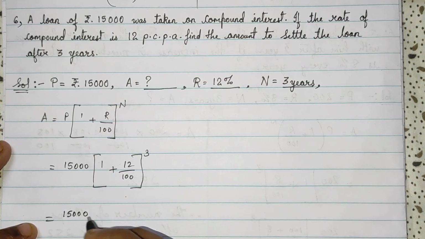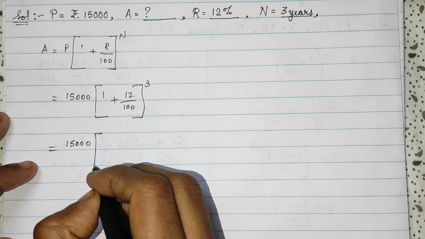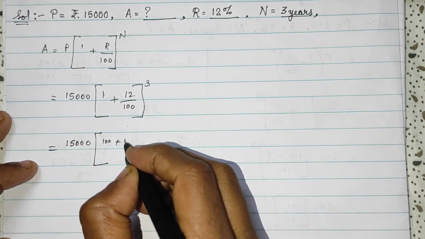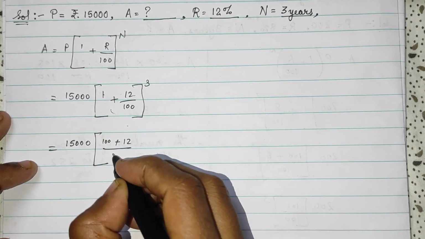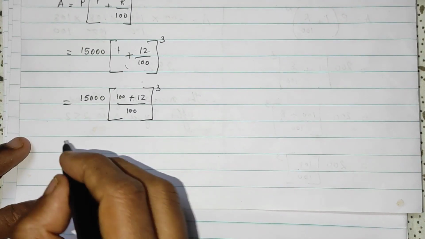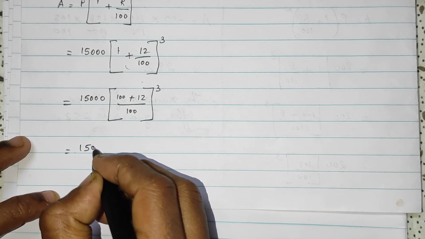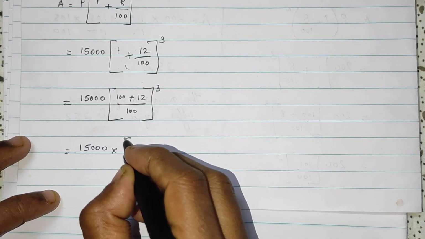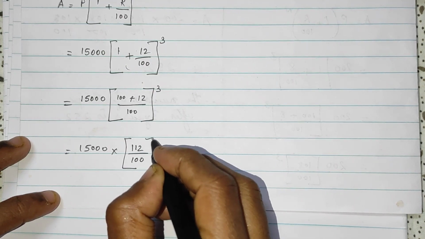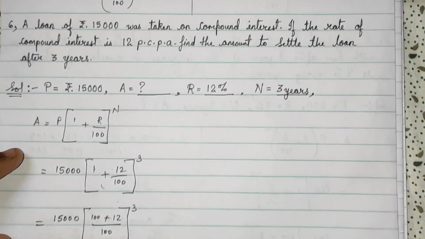So 15,000, then 1 into 100, 100, 12 into 1, 12 upon 1 into 100 raised to 3. So that is equal to 15,000 into 112 upon 100 raised to 3.